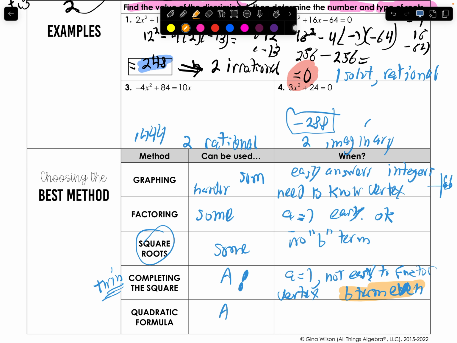What do I mean by that? It's really important that you know that if you had something like this, plus 7x plus 3 equals 0, and I say, complete the square, or this one, which one would you rather complete the square on? The top one or the bottom one?